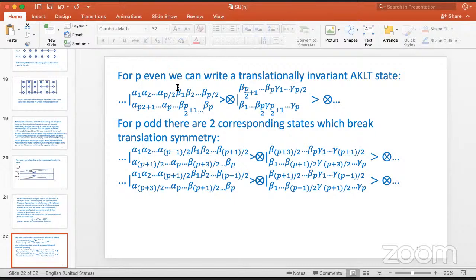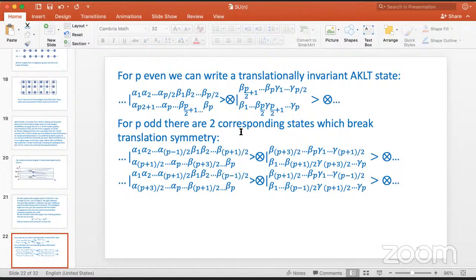So we take alpha 1 to alpha p over 2 and beta 1 to beta p over 2 at this site. Then in the next site, we have beta 1 to beta p over 2. So these are matched, and the lower index corresponds to A and B bosons. So here we have alpha, here we have beta p over 2 plus 1 to beta p, and here we have beta p over 2 plus 1 to beta p. So we have basically the same thing on every site. So we have the analog of an AKLT state.